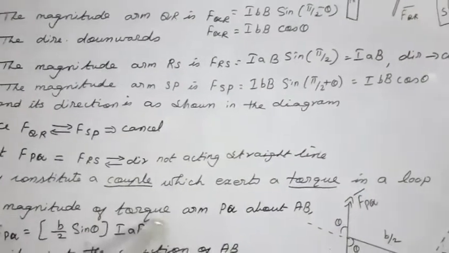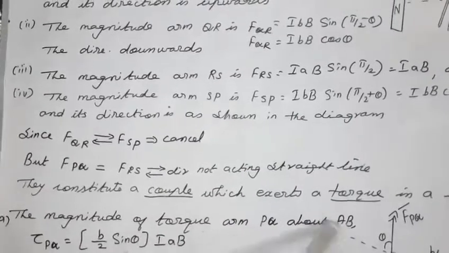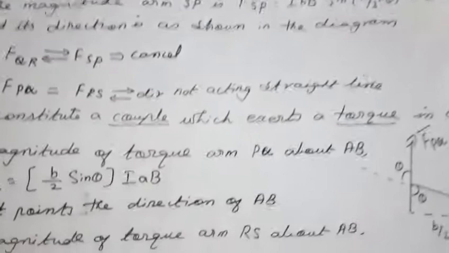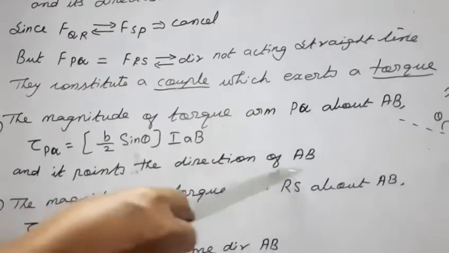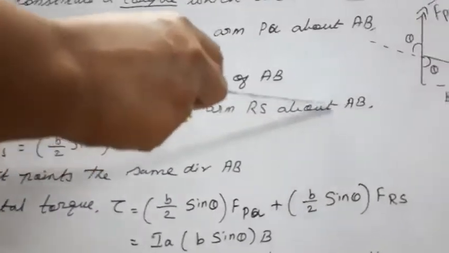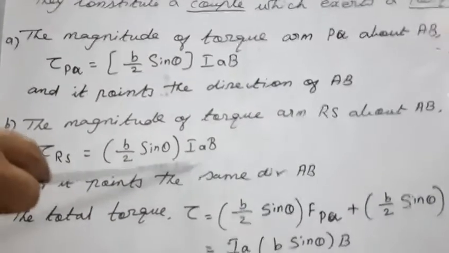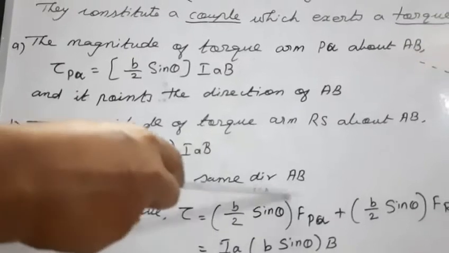So the magnitude of the torque acting on the arm PQ about AB is, from this diagram, we can write tau_PQ equal to B by 2 sin theta times IAB, and it points in the direction of AB. The magnitude of the torque acting on the arm RS about AB, that is tau_RS, equal to B by 2 sin theta times IAB, and it points in the same direction AB.